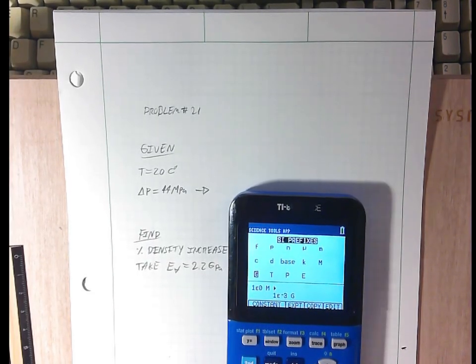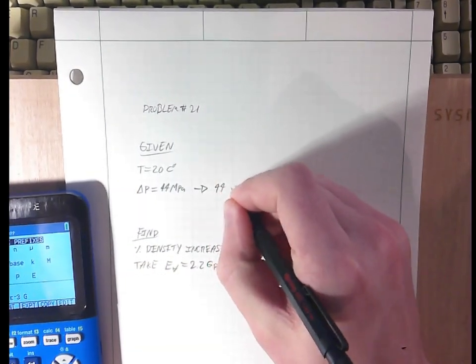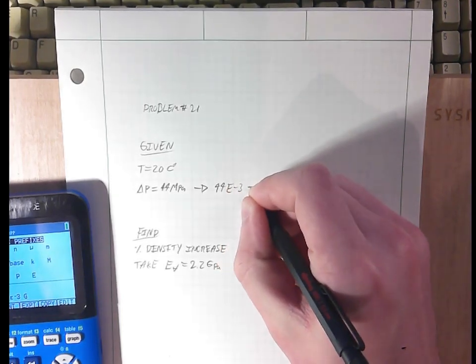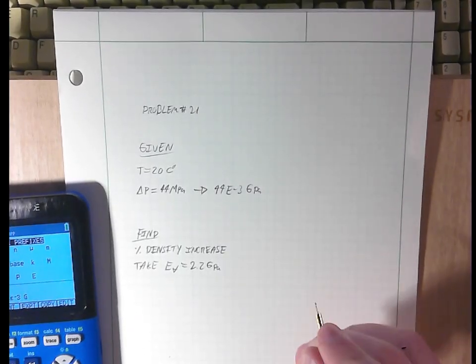Yep. That's going to be e to the negative third. So this is going to be 44 e to the negative 3 GPa. Okay.